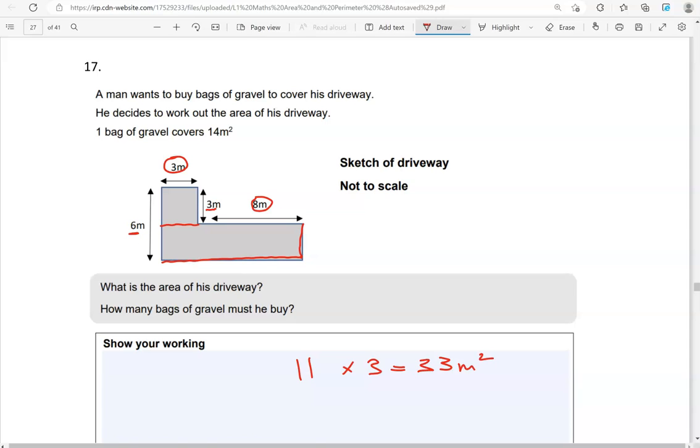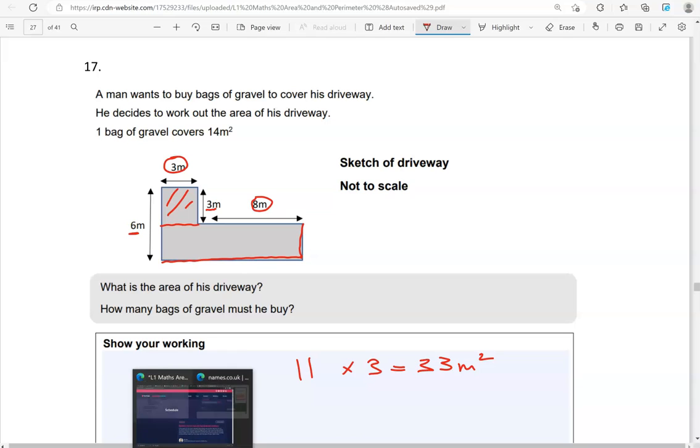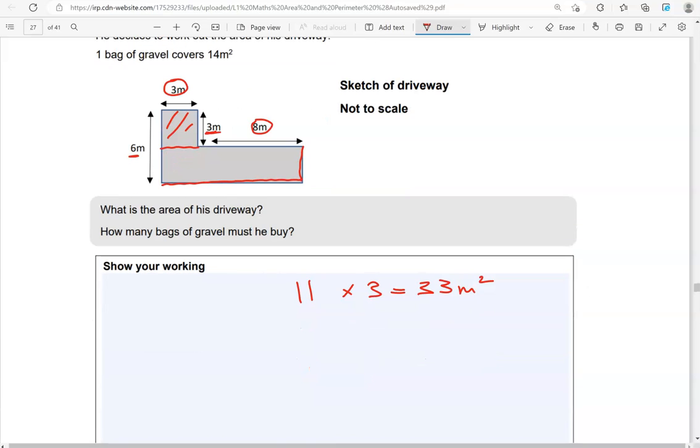And the area of this square there is 3 by 3, which is 9. So altogether this will be 33 plus 9, which is 42 square meters.